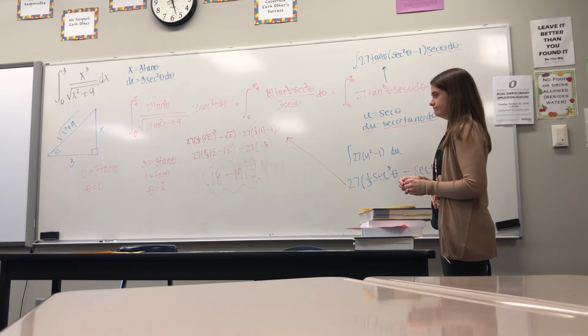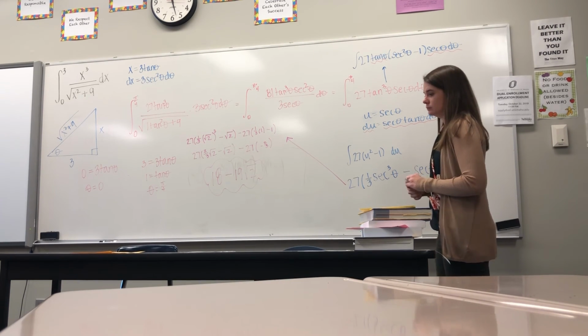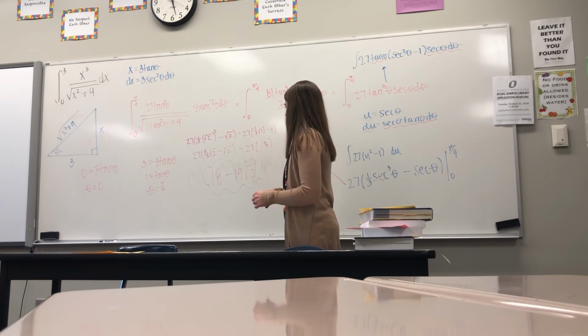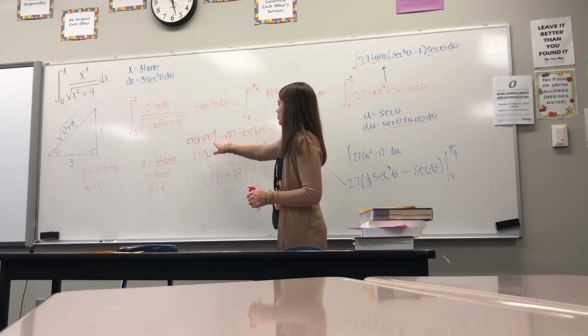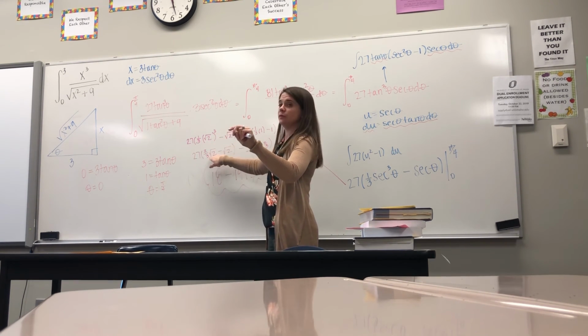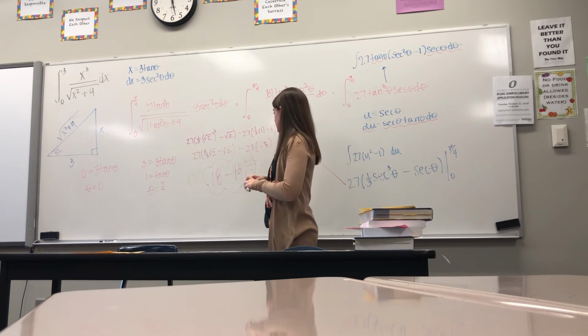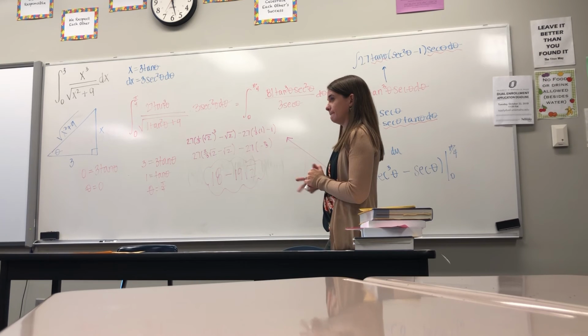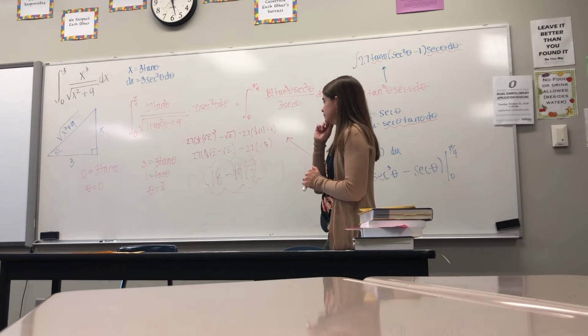Wait, I got 9 radical 2. How'd you get 2/3? Radical 2 times radical 2 is 2. So radical 2 squared gave me 2 with 1 left over. Oh, got it. Couldn't you also factor out the 27s? Maybe.